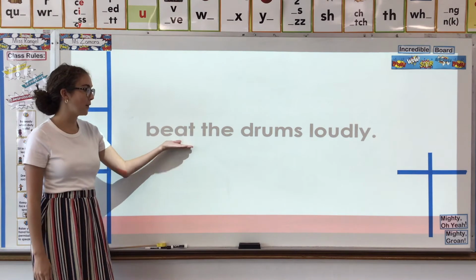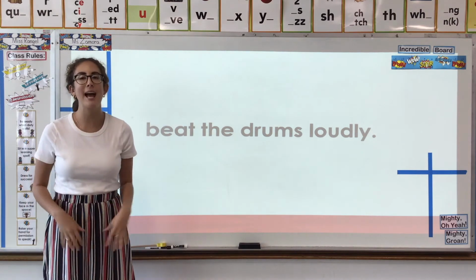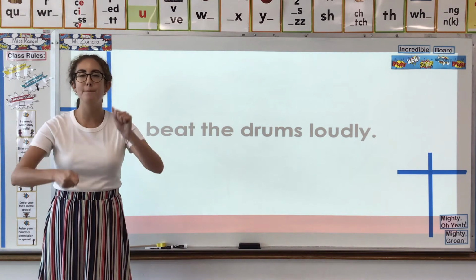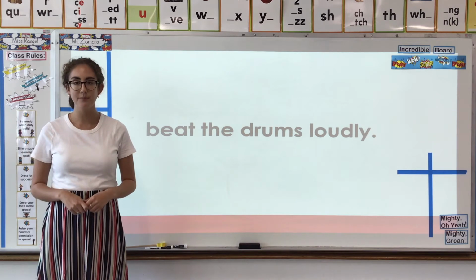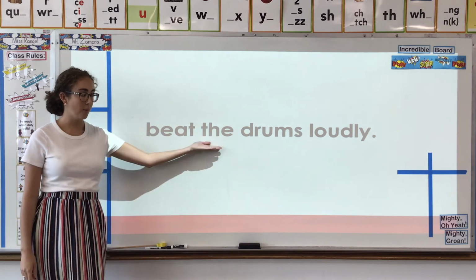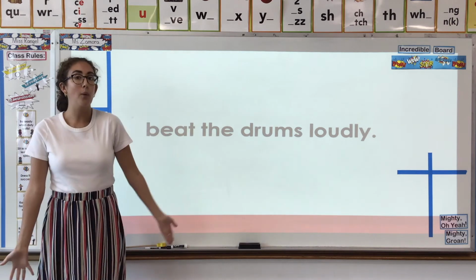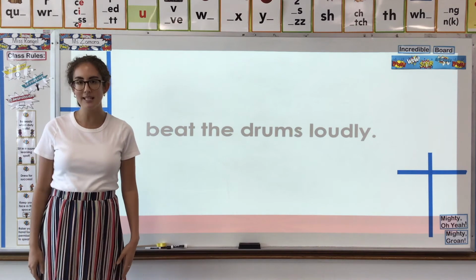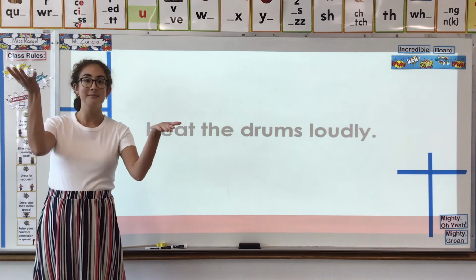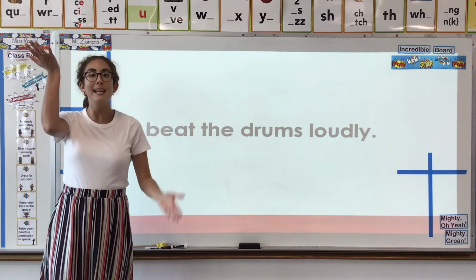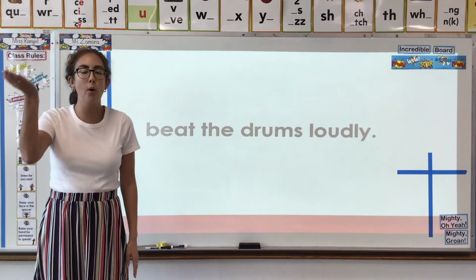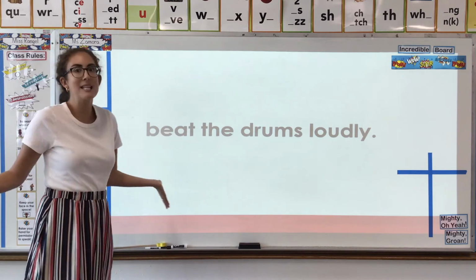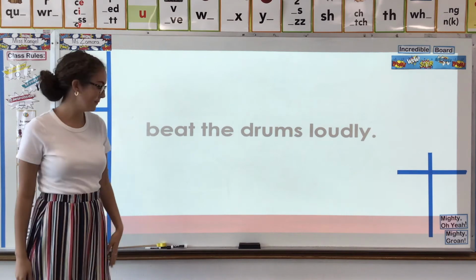It's telling. We have a verb. We have an action. They are beating the drums. So if we know what something did, what part are we missing to complete the sentence? The naming part. We need a who or a what. Who is beating the drums loudly?